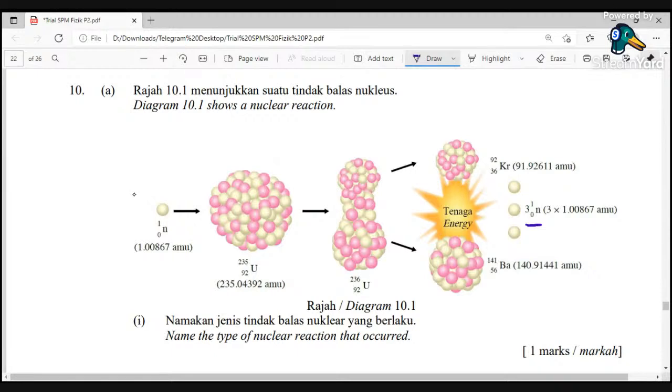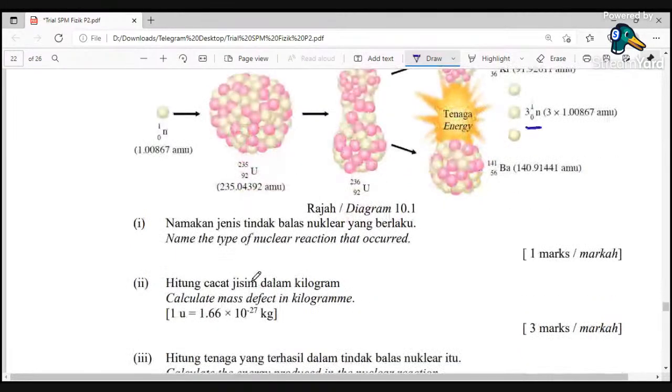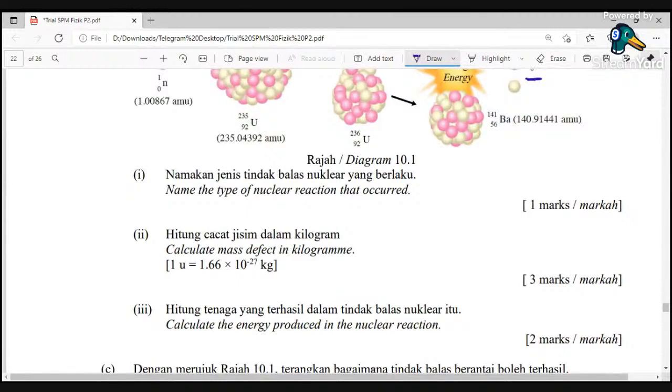So this is splitting. Heavier nuclei split to two lighter nuclei. Okay, so the type of reaction, we call it nuclear fission. If it splits we call it fission. If they combine to become heavier, that is fusion. Okay, that's the difference.